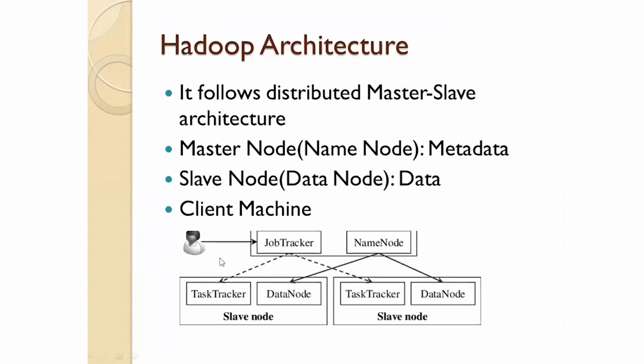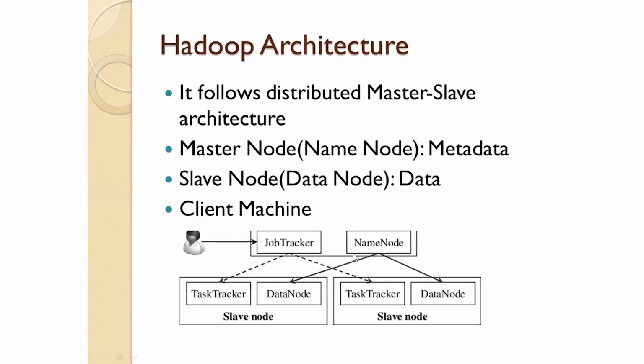So when he gets the metadata, he knows which data node to check for his required data, and then the client can access the data nodes directly. This is the process which Hadoop follows.